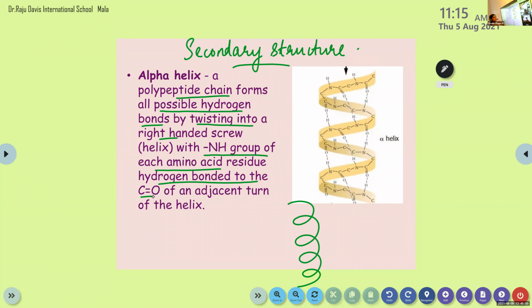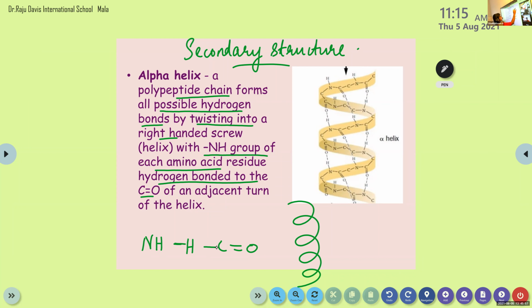We learned that there are two groups in the structure of amino acid, right? NH2, then COOH group. That means amino group and carboxylic acid group. So the hydrogen bond exists between these two, NH, then CO. In between there is one hydrogen bond. You can clearly observe it in the image. There is some connection between two chains.